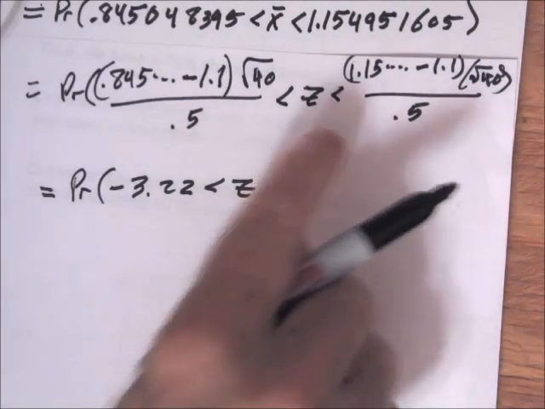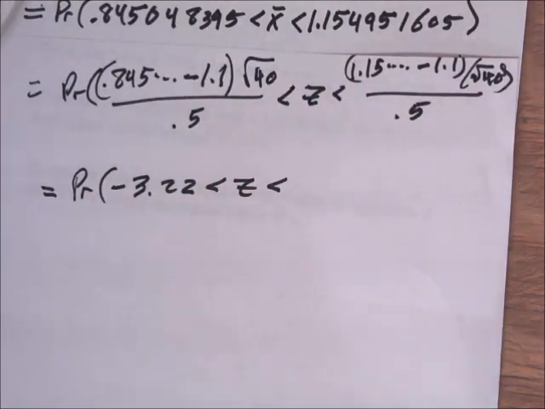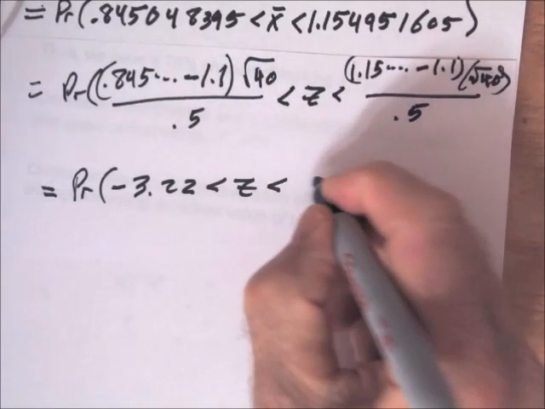Okay, this number here, the 1.15 something, minus 1.1 equals, divided by 0.5, times the square root of 40. I got approximately 0.70.